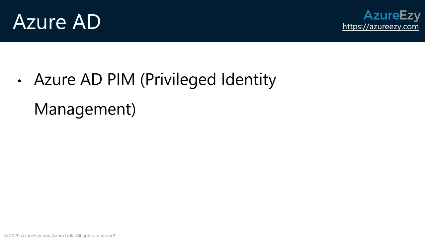Suppose you have a few users who are privileged users. Those privileged users can activate their privileged access for a particular time period. It helps you maintain the access for a period and then expire that access, and then they have to renew it further.